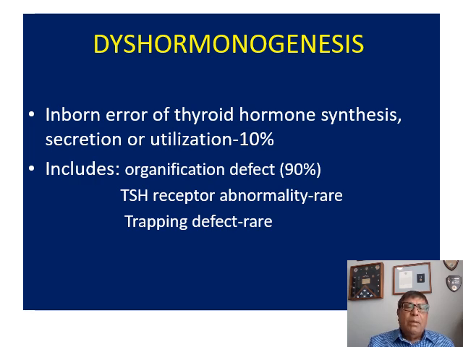The organification defect, due to thyroid peroxidase enzyme deficiency, is autosomal recessive, so when counseling a mother, there is a 25% chance of the next baby developing this problem.